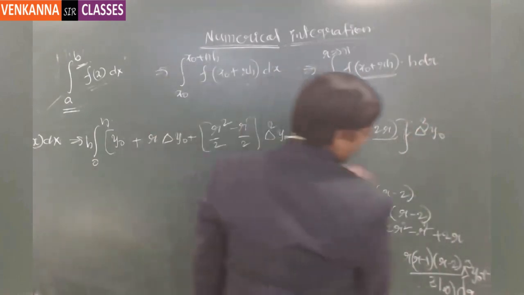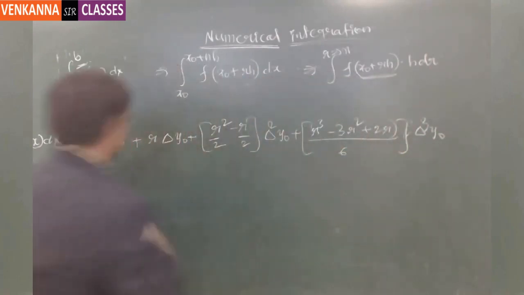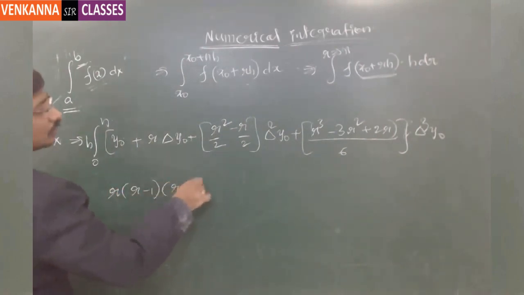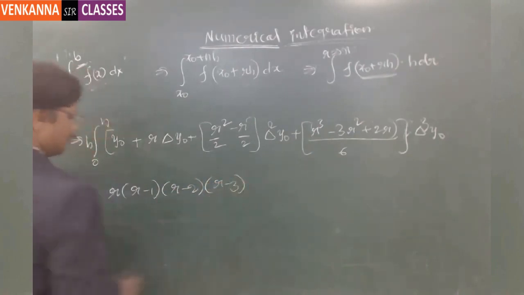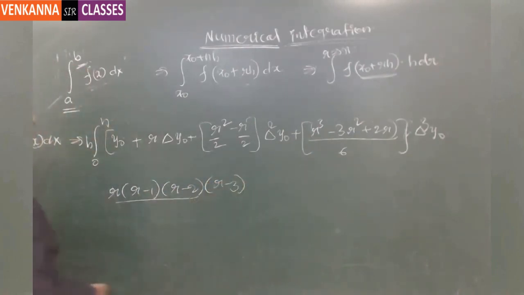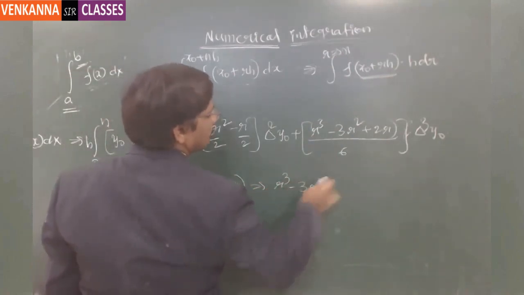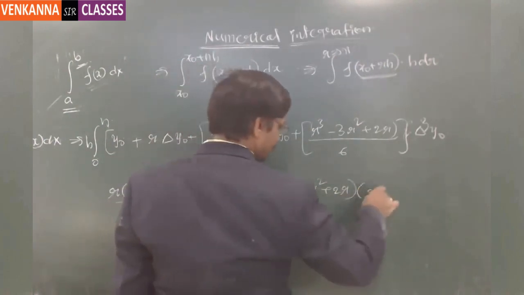And then the next one is r into r minus 1 into r minus 2 into r minus 3. So this value we have already calculated, it is r cube minus 3r square plus 2r getting multiplied by r minus 3.